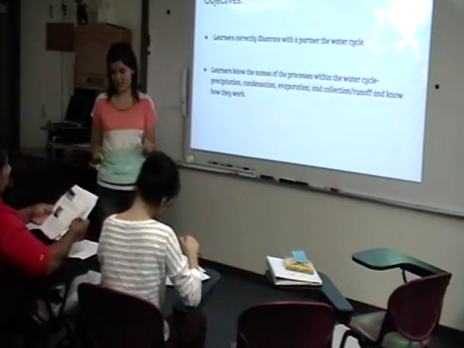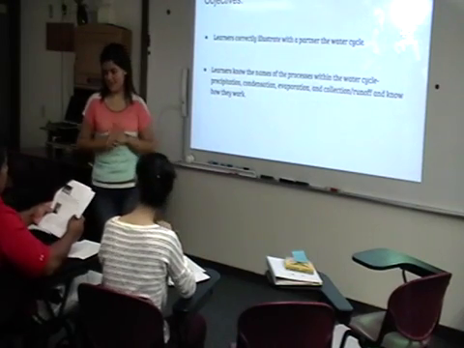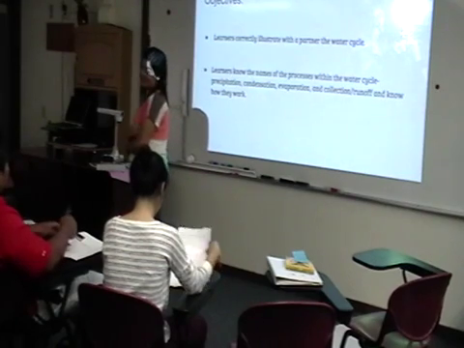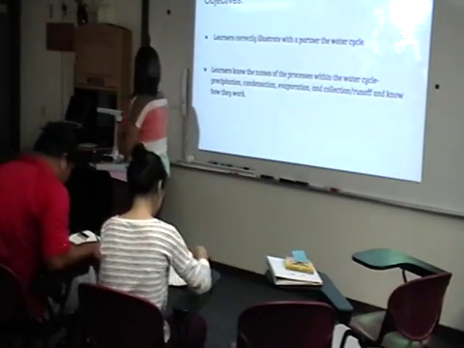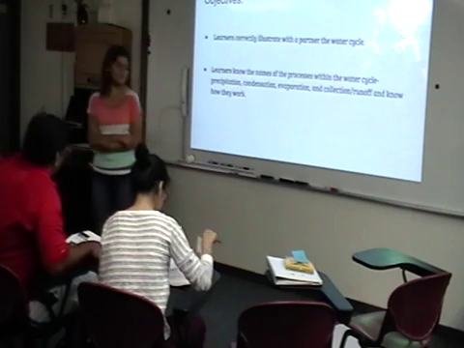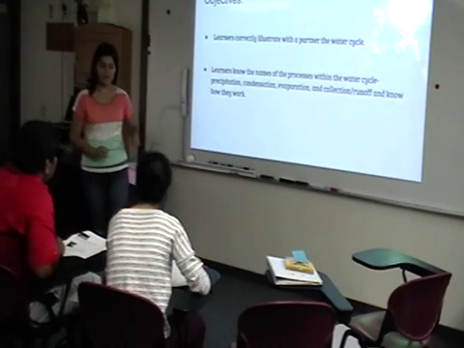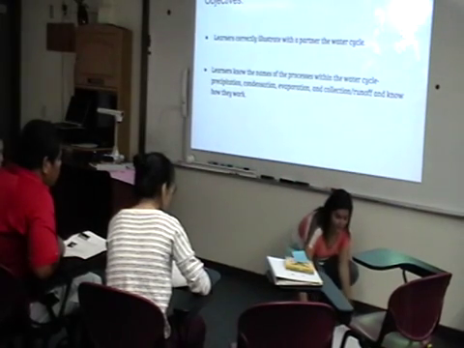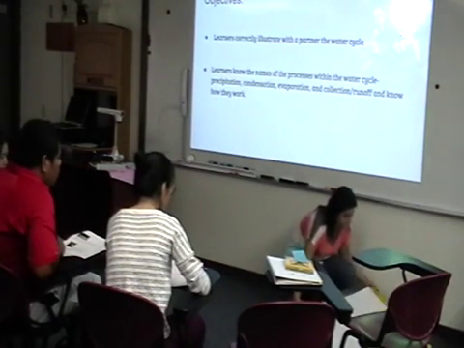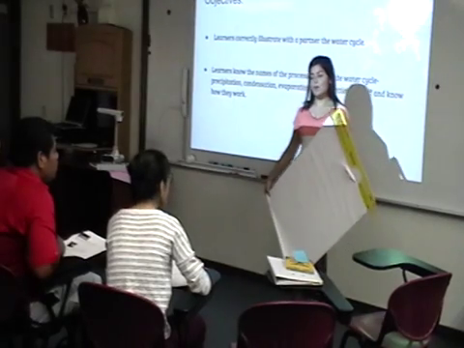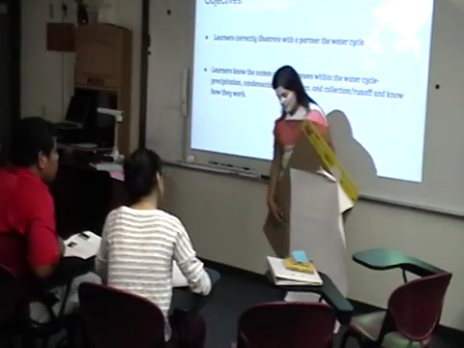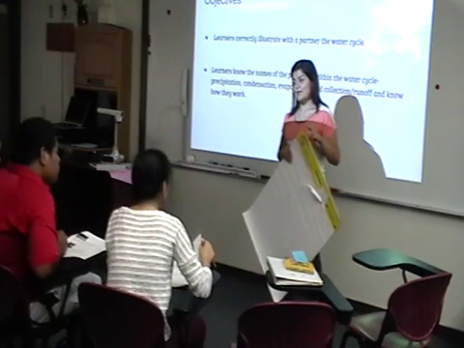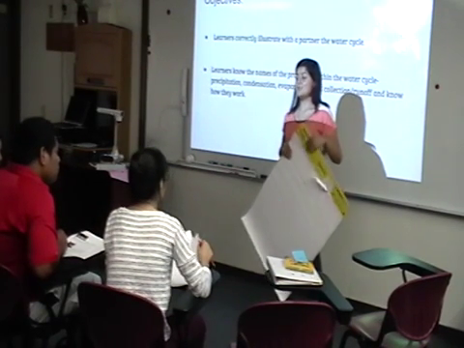Are you guys good with your charts? You guys are speeding through this quickly. You're quick learners. The pictures are very helpful. Yes. So now, since we're just going to be in one group, I want you to draw a picture of the water cycle for me, using the words precipitation, condensation, evaporation, collection, and runoff.